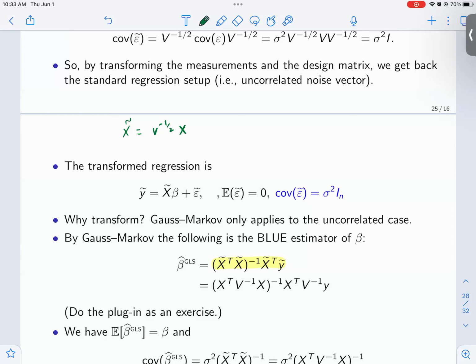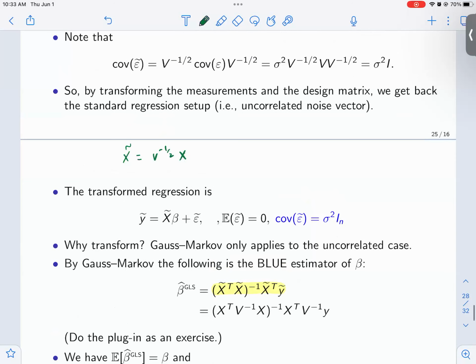So you get this extra V inverse in between things. Yes, that follows straight from the fact that x tilde is V negative 1/2 times x. Just plug in and do a bit of simplification. The two negative 1/2s combine here.